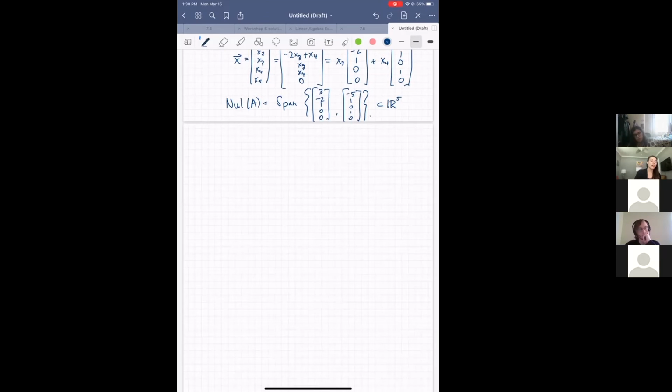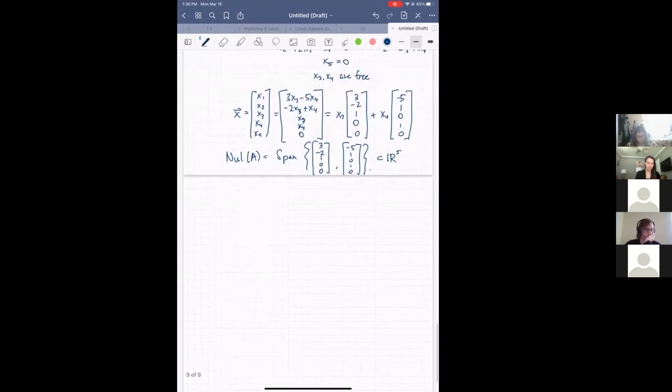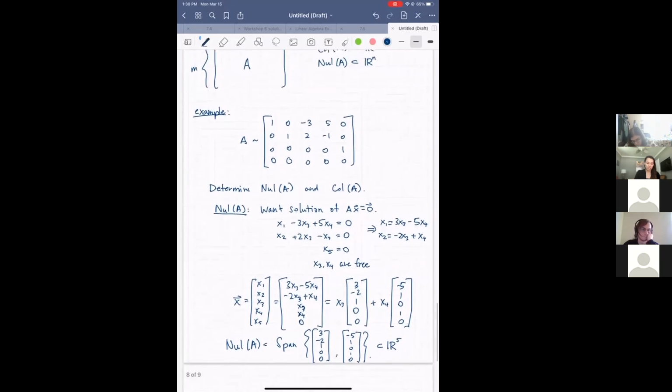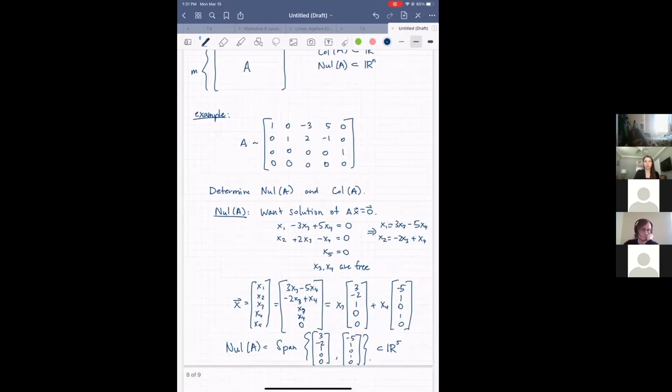And then the column space, remember, it's just the span of the columns, right? So here, if I want to label them, I'll just call them A1, A2, A3, A4, and A5.